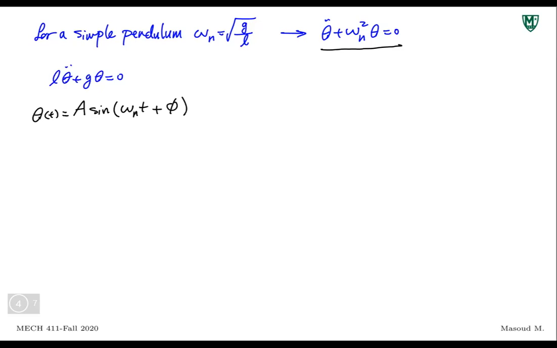As long as you can find the constants using initial conditions for the system, that can be a solution too. But for the sake of uniformity in vibrations, we just go with this general form of solution. So we have two unknown constants, A and phi. So we need two initial conditions to find these two constants.